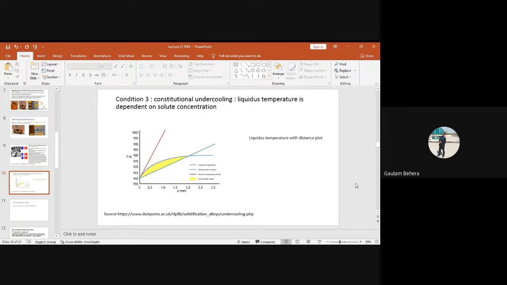So due to this kind of solute partitioning during solidification, constitutional undercooling will happen. So what is undercooling? Undercooling means, suppose you take a liquid at a particular temperature above its melting point or above its liquidus temperature, right? Suppose you take iron, for example, pure iron. The melting point of pure iron is 1539, or 1538 degrees centigrade. Fine. You consider you have pure iron at 1400 degrees centigrade, right?